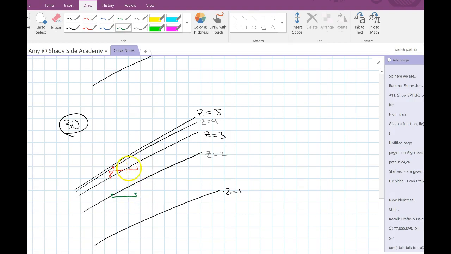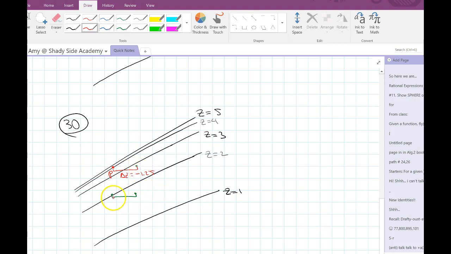If I look at this point P, it brings me from z equals 4 to some number between 2 and 3. Let's just call it 2.75. So here, delta z, the change in z, from 4 to 2.75, is negative 1.25.